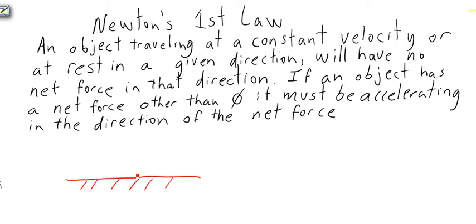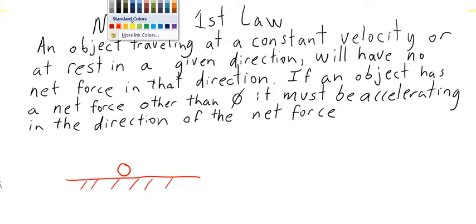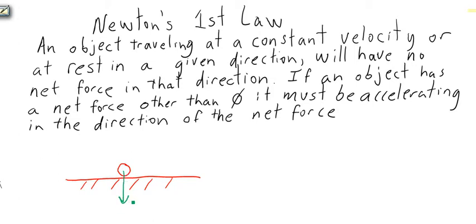And we'll just start out with a ball resting on a table. And you know that the forces on the ball resting on the table are, of course, the force of gravity and the normal force, or the force of the table holding the ball up.